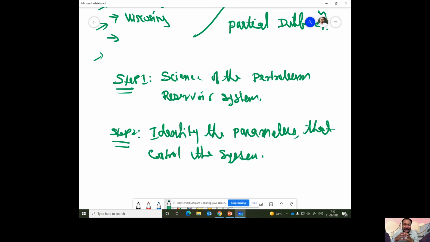I need to understand in step number one the science of the petroleum reservoir system, and I have to identify the parameters that control the system, right?